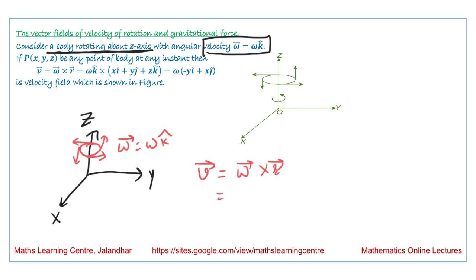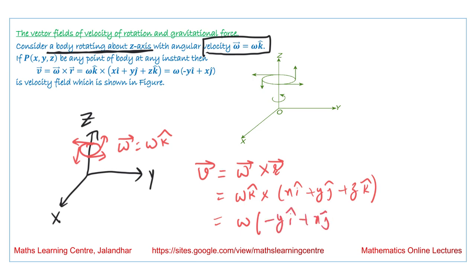So this is equal to omega k cap cross (x i cap plus y j cap plus z k cap). If we solve this cross product, the answer we get is omega times (minus y i cap plus x j cap), and this is the vector field which is shown in this figure.